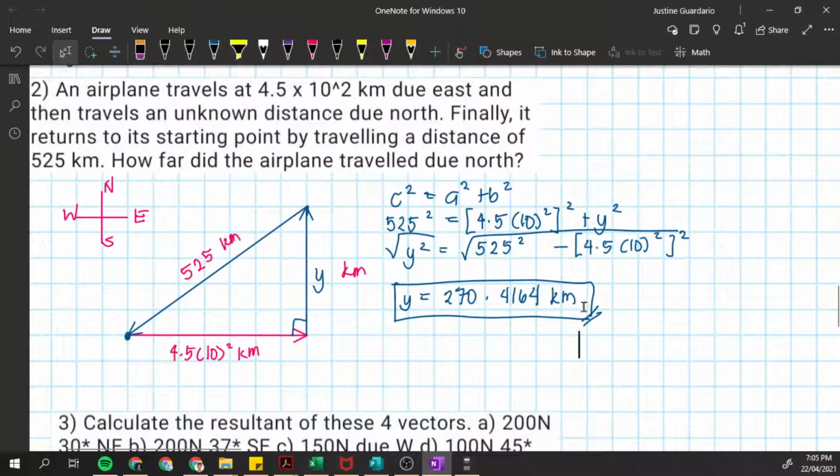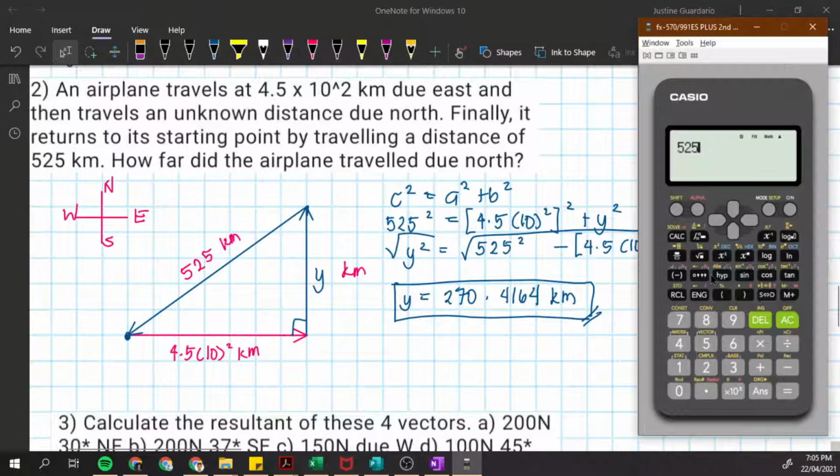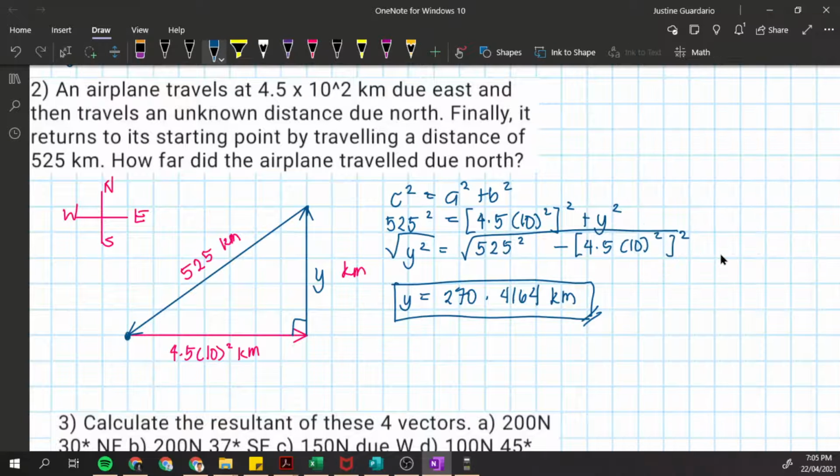Okay, so we can also utilize our shift solve function here in our calculator. For example, we have 525. When using shift solve, we just input this equation, so you no longer need to manipulate the equation.